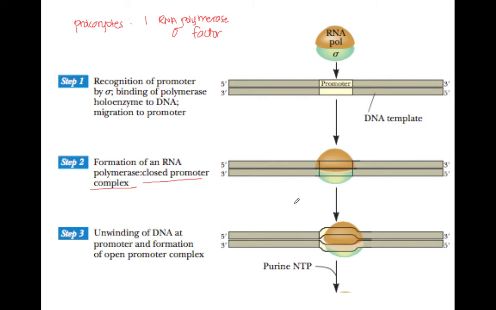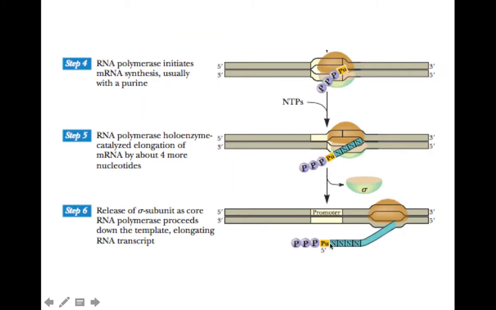Okay? So, once your closed promoter complex has been formed, it is now ready for transcription to start. So, if you have an energy source that comes in, this part becomes an open complex or an open promoter complex. As in this part of the promoter, which if you will remember is AT rich, starts to unwind. And so, nucleoside triphosphates can be incorporated.